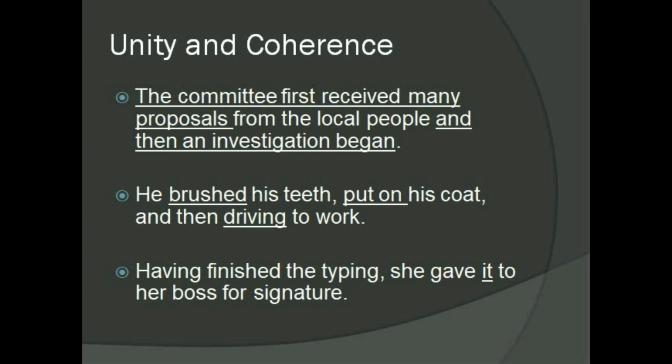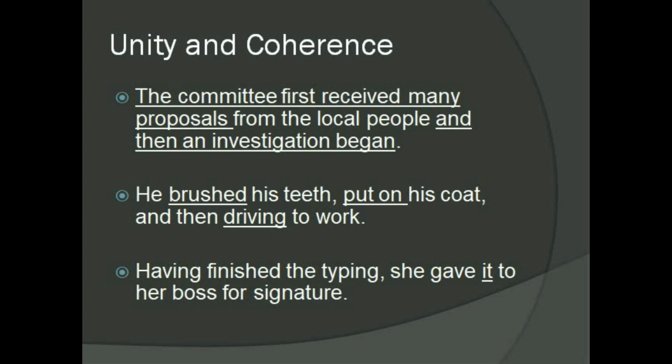So in the first mistake, if we look, the committee first received many proposals and then an investigation began. You can see we're changing forms here. We're changing from active to passive voice within one sentence.